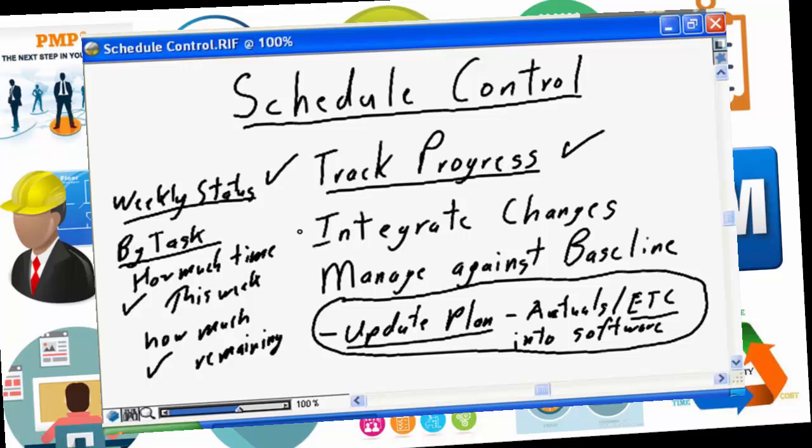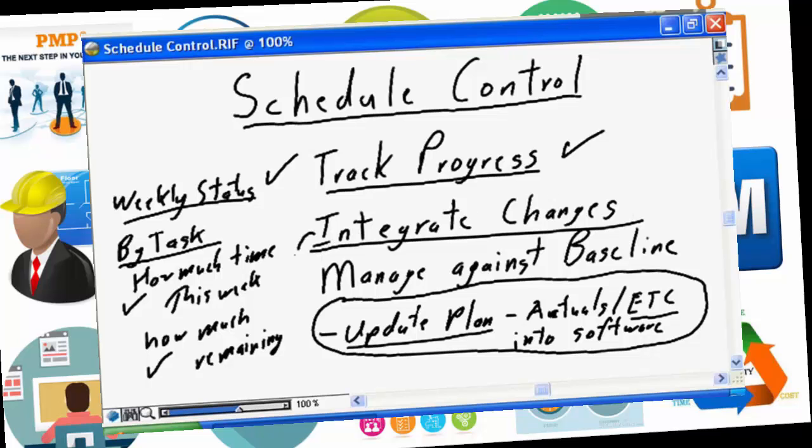The next step to schedule control is integrating changes. In the last series of nuggets, we talked about implementing an effective change management system. We talked about identifying, documenting, and having all changes to our project approved. When those approved changes have schedule impacts, when those approved changes increase the time, add new tasks to the project, you need to integrate the changes.